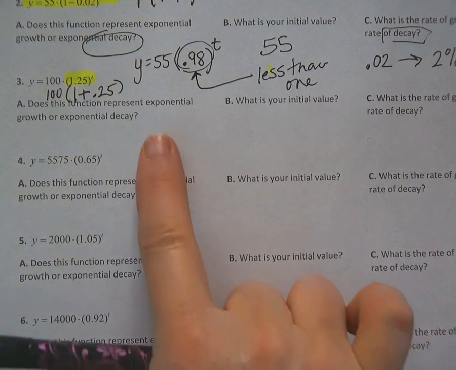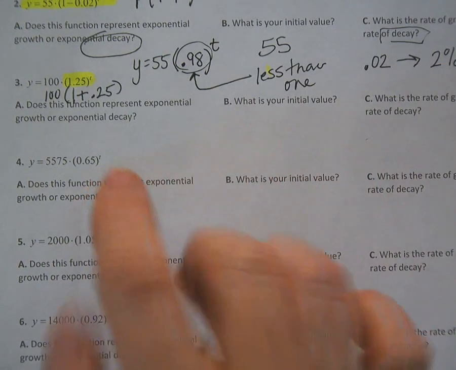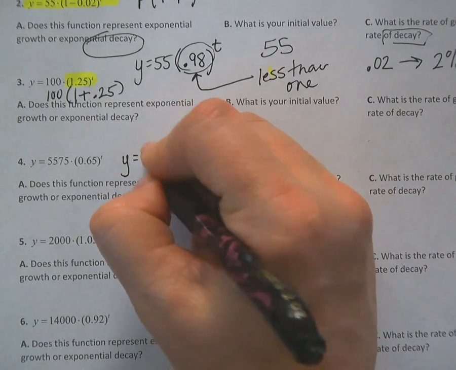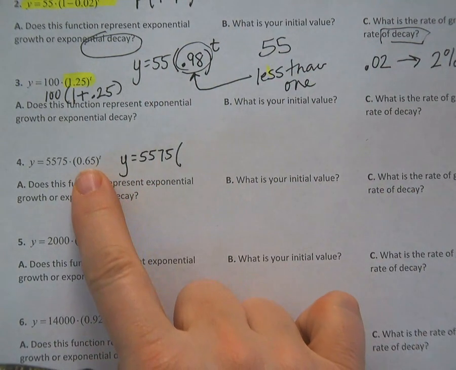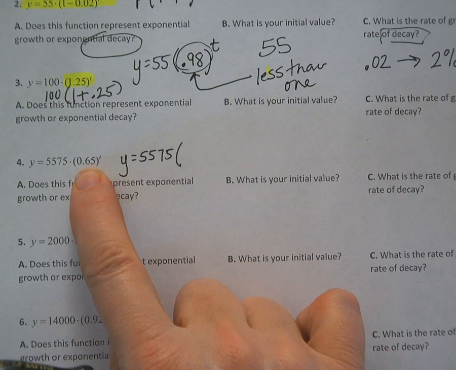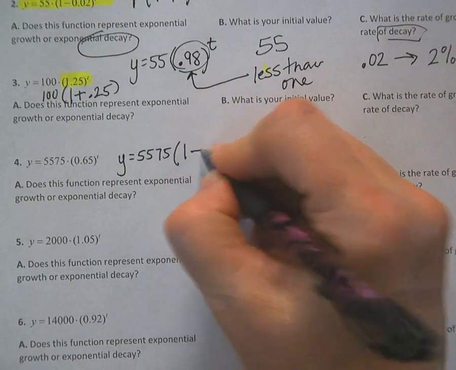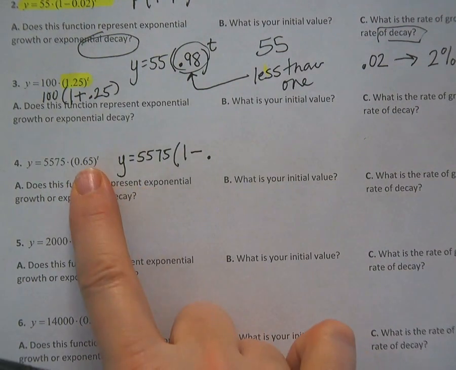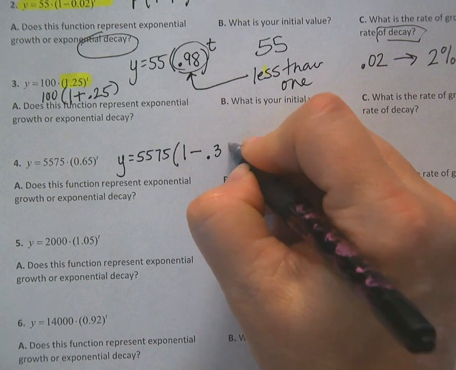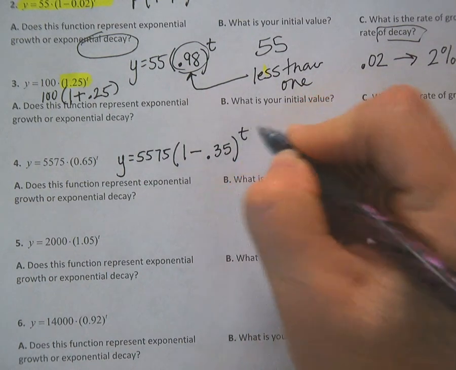Okay, so you will answer through these questions. Now down here, when you get to something less than 1, it's going to be your job to think about, okay, if 65% remains, what's the percent that was leaving? In other words, what do we have to subtract from 1 to be left with 65%? And that's 35%.